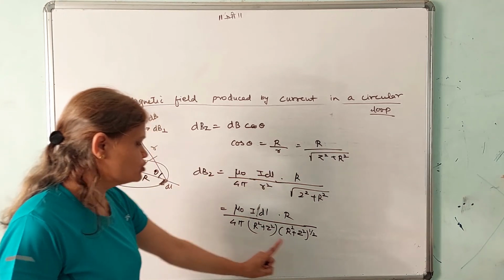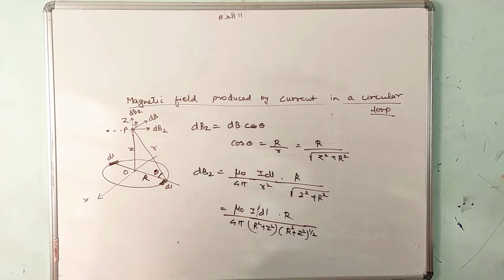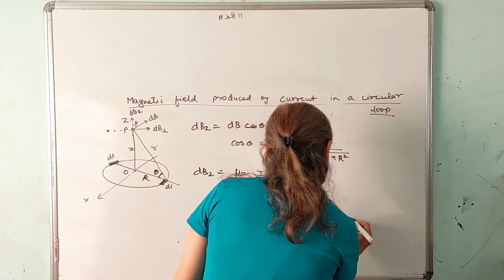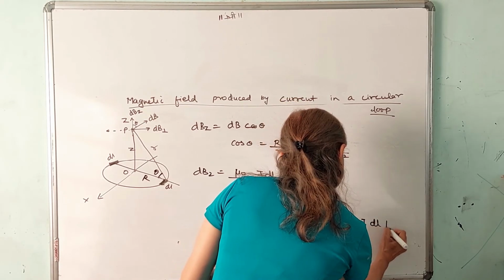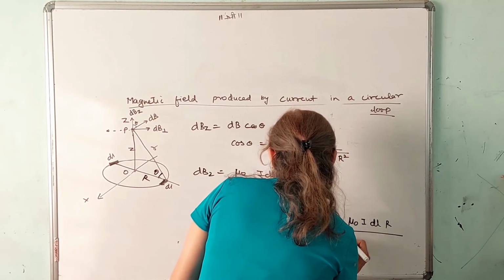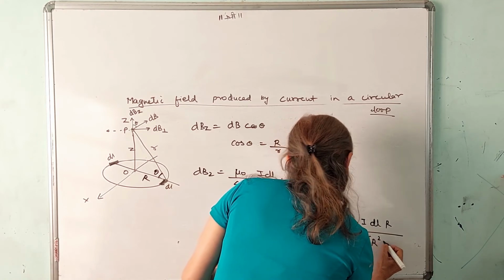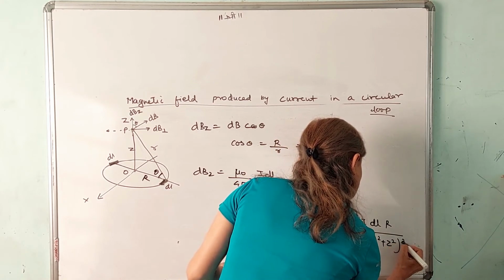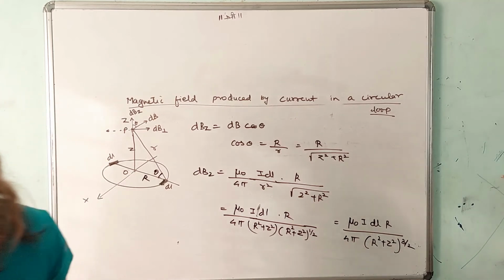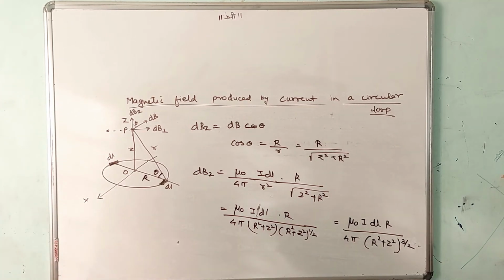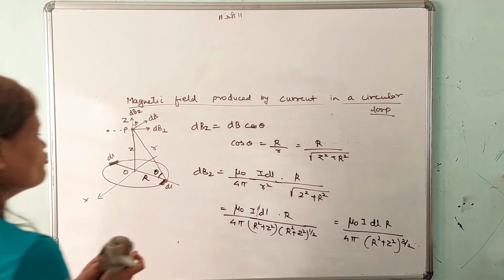This we already got as a root, so in the denominator it will become raised to the power 3 by 2. Which is this dB. Now we will integrate it to find the total magnitude of the magnetic field.